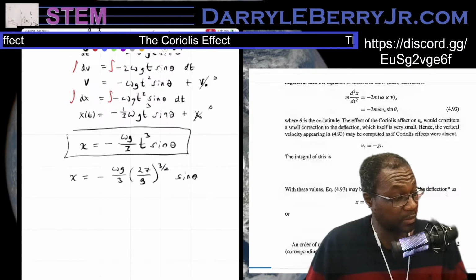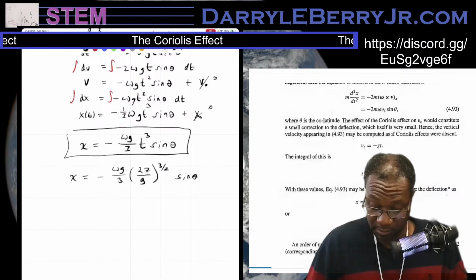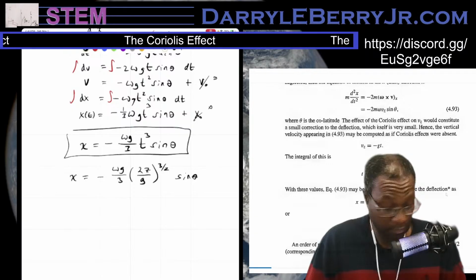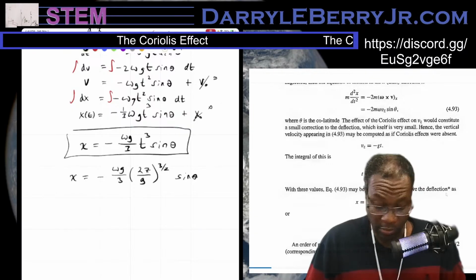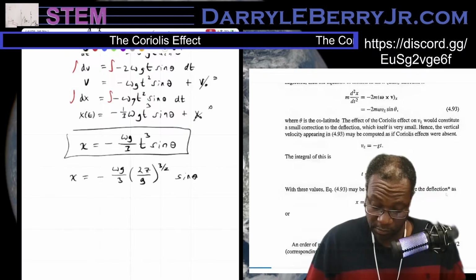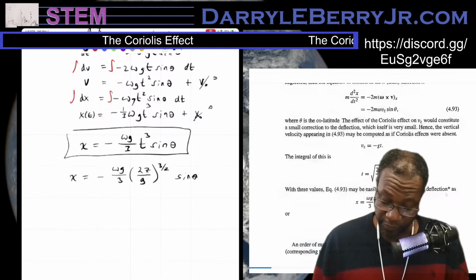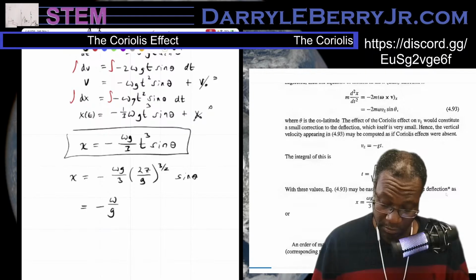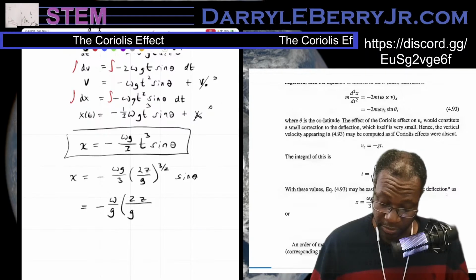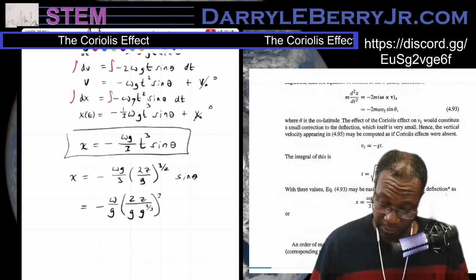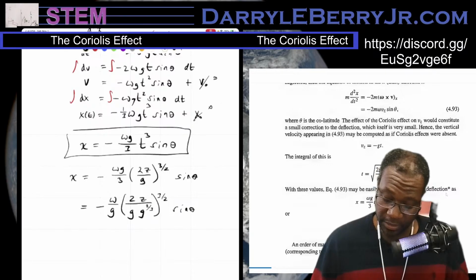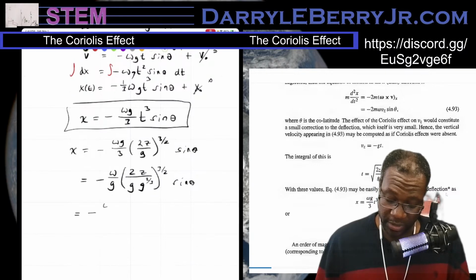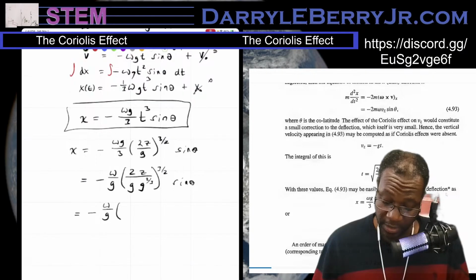And let's see what they do here. We want to move the g into the 2z over g, to the 3/2, sine theta. So this equals negative omega over g.